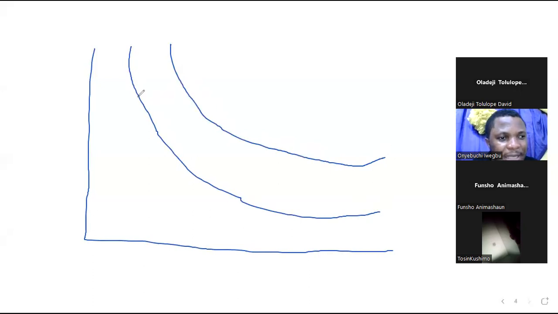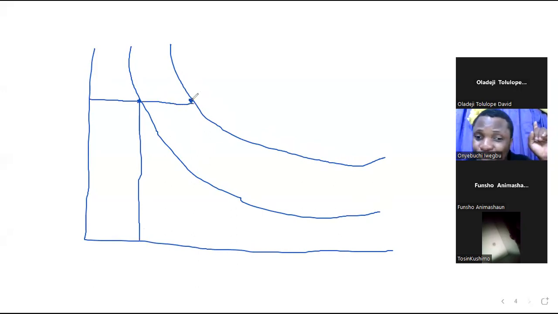At this point, this level is consumed. But if you notice at this point, for example, that same old level of Q2 is consumed, but a higher level of Q1 is consumed.